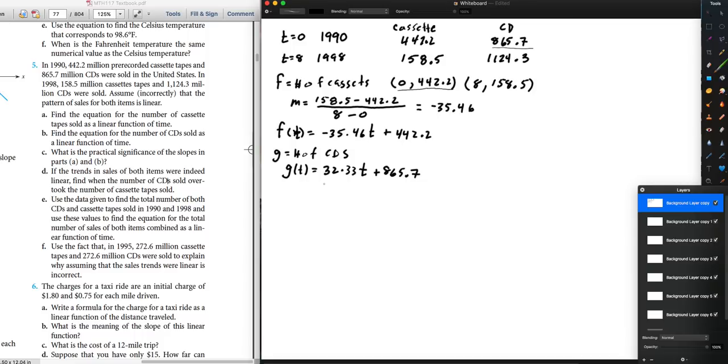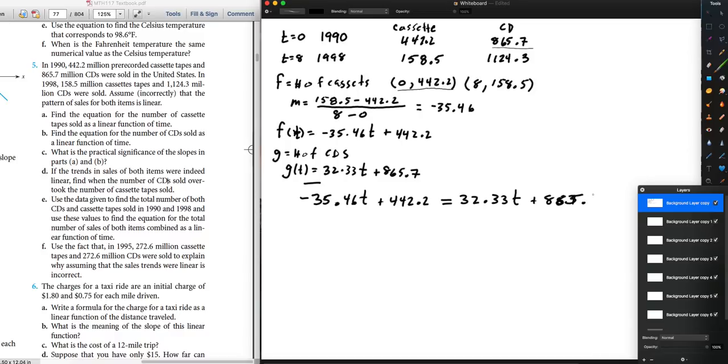To solve this algebraically, what you would need to do is take the two equations. Negative 35.46t plus 442.2 equal to 32.33t plus 865.